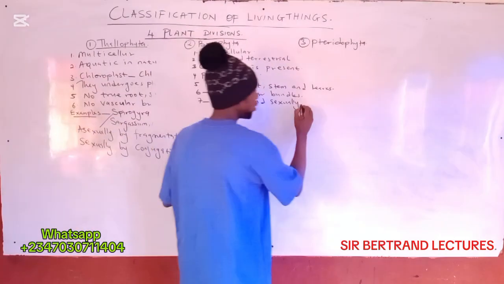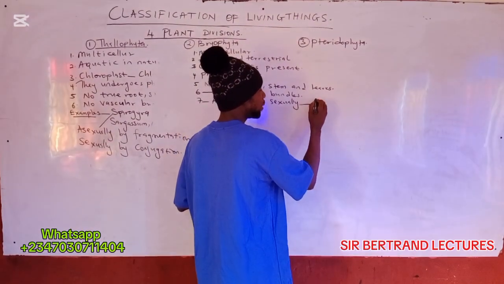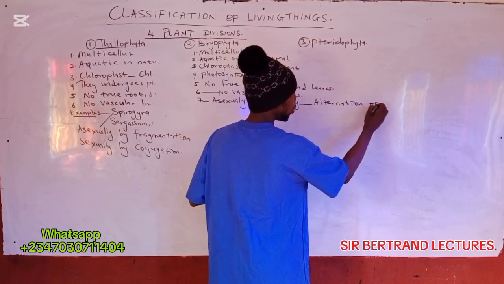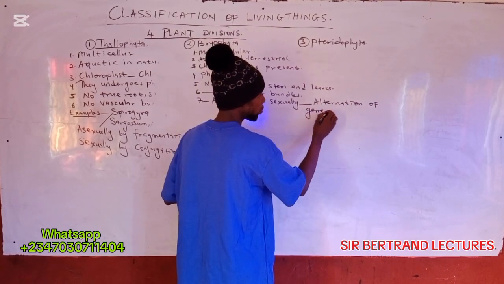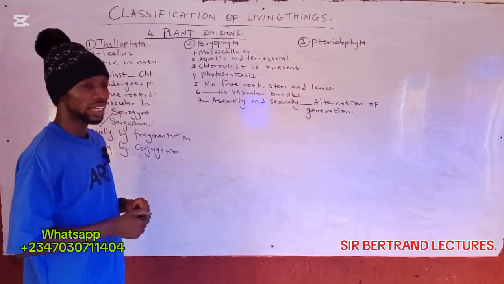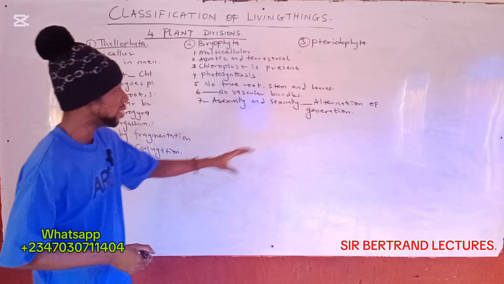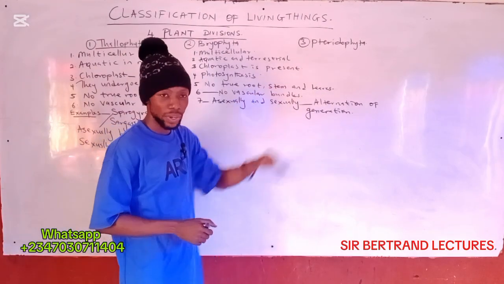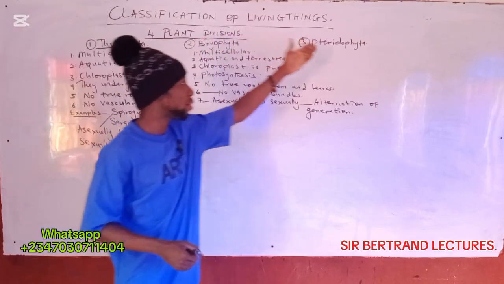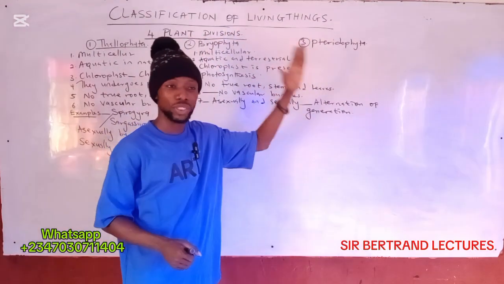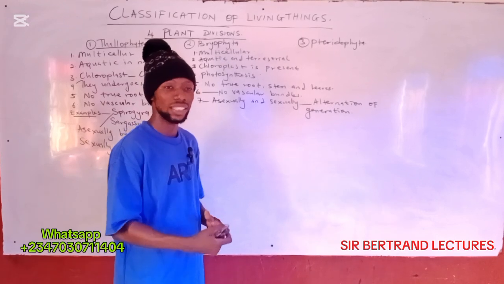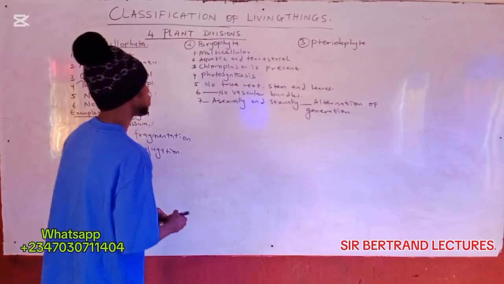Because of that reason, we can say that they exhibit what we refer to as alternation of generation. Bryophyta undergoes alternation of generation, and this is also found in Pteridophyta. That is to say, Bryophyta and Pteridophyta undergo alternation of generation because the two reproduce both sexually and asexually.